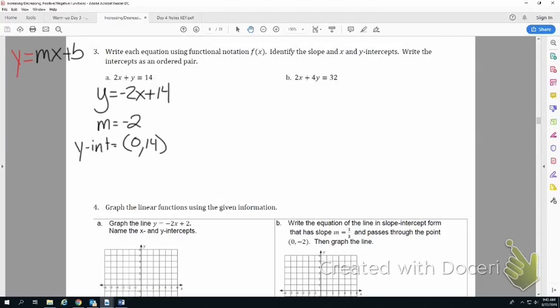Alright, y-intercepts and x-intercepts are actual coordinates, actual points on the line. So if you're asked for that, you have to give both the x and y value. All y-intercepts are going to have 0 as the x value. And all x-intercepts are going to have 0 where? Okay, as the y value.